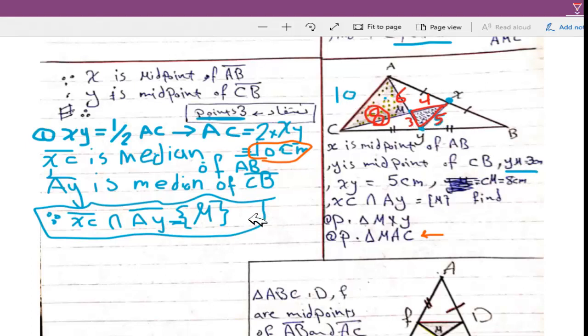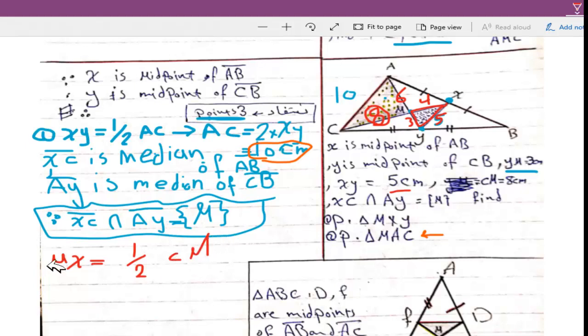Okay, MY will be 3, XY he already wrote it, so I have to write this MX. MX equals half CM.